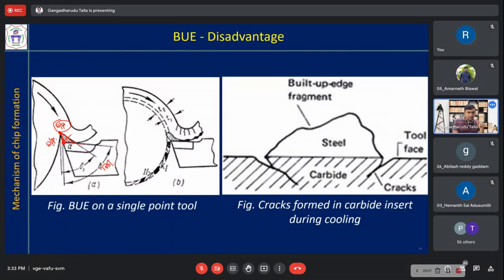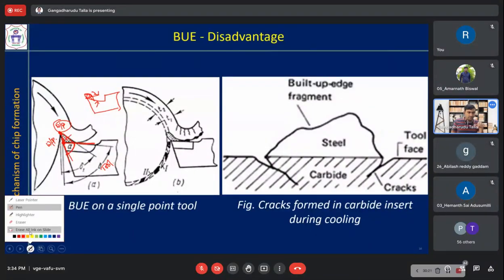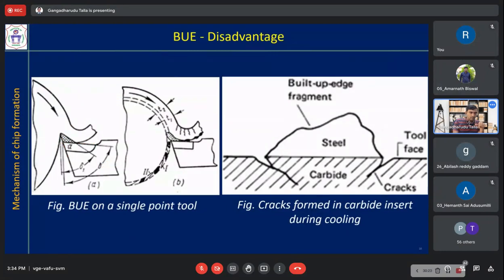Currently, this is the lip angle for the cutting tool, and of course, this is the rake angle, the actual rake angle. But because there is some material here, now the rake angle has changed. The effective rake angle has changed, isn't it?